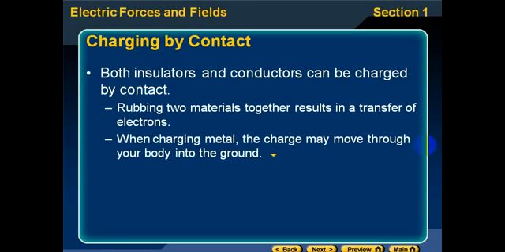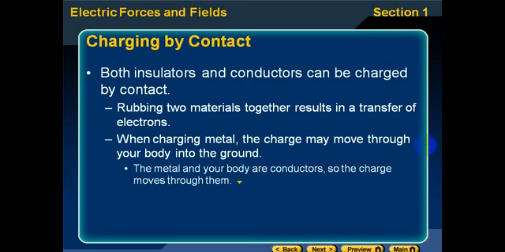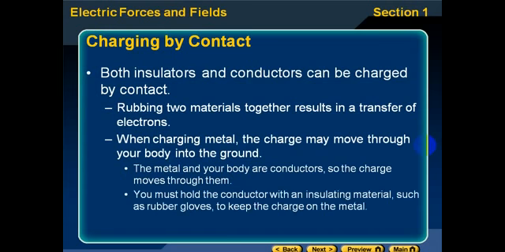When charging metal, the charge may move through your body into the ground. The metal and your body are conductors, so the charge moves through them. You must hold the conductor with an insulating material such as rubber gloves to keep the charge on the metal.